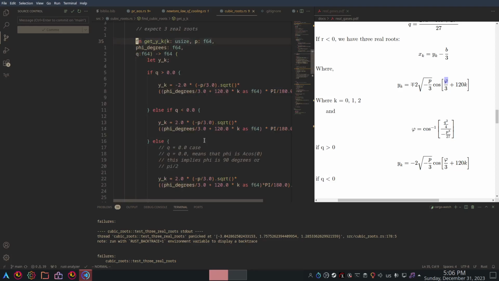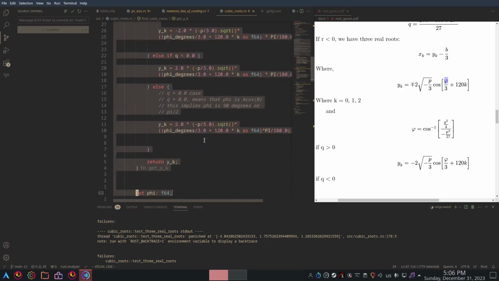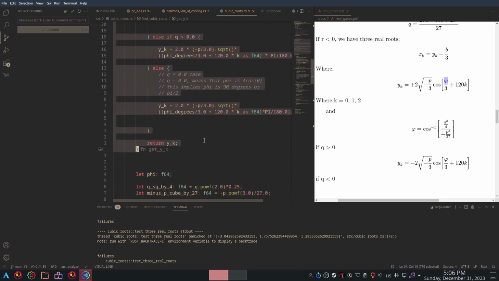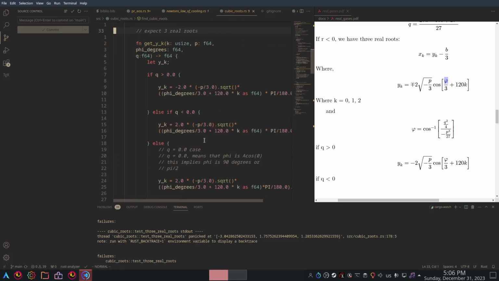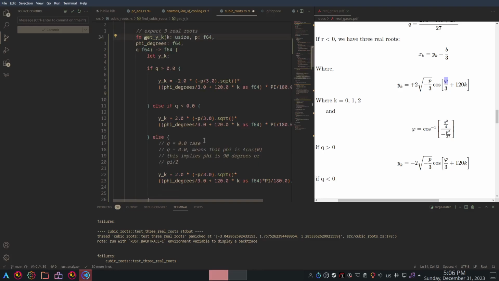I'm going to copy this whole chunk and paste it here, and I want to call this get yk radians. What I'll do here is change this to phi in radians.